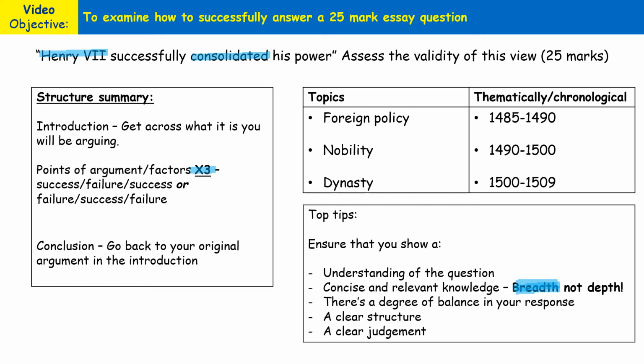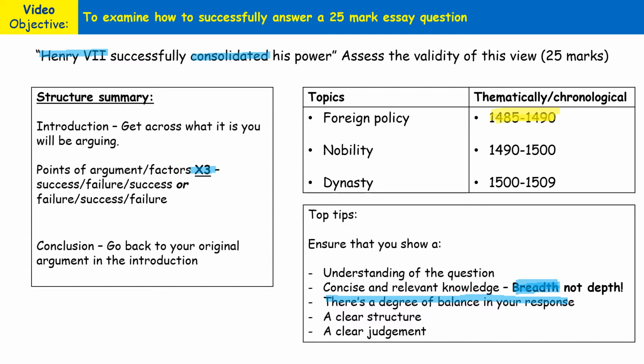If you just write about the very start of his reign, that's going to severely limit the marks that you earn for this type of question. Make sure there's a degree of balance in your response, and like I mentioned already, you want to show an awareness at least of arguments for and against the statement in the question.